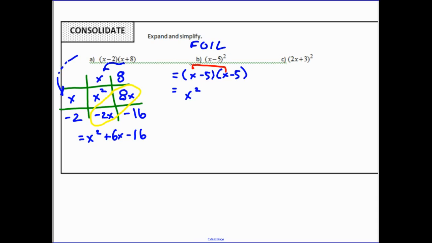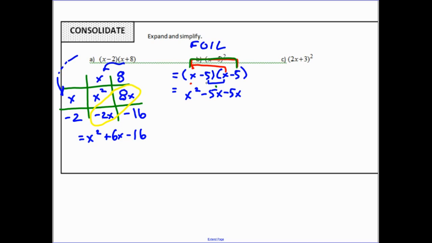Then the outside times the outside will give us negative 5x. Oh yeah, we were color coding those last time. Then we do the inside times the inside, negative 5 times x. Look how that repeats itself, because this is what happens in a squared one.